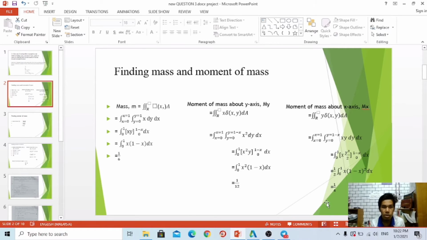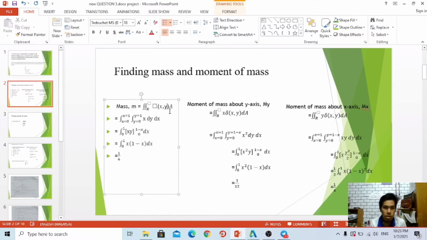First step, we need to find the mass and moment of mass. To find mass, m equals the double integral of delta(x, y) dA, with the area being the integral from x equals 0 to 1, y equals 0 to 1 minus x, of x dy dx.